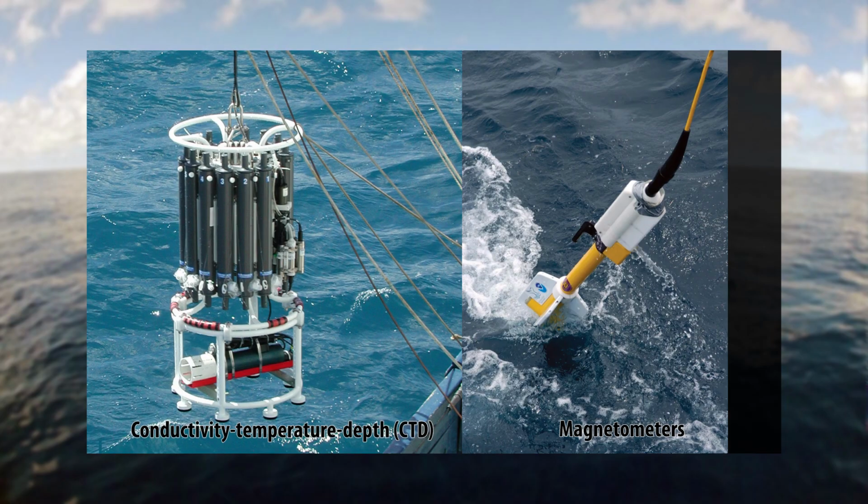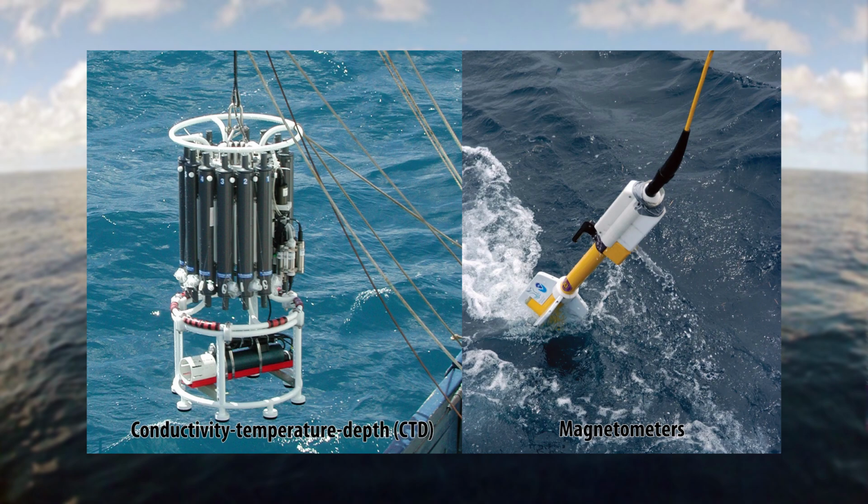Furthermore, these platforms often incorporate auxiliary sensors and sampling systems such as conductivity temperature depth, also called CTD probes, magnetometers, and manipulator arms, allowing for the concurrent collection of water column parameters, geophysical measurements, and physical, geological, or biological samples.